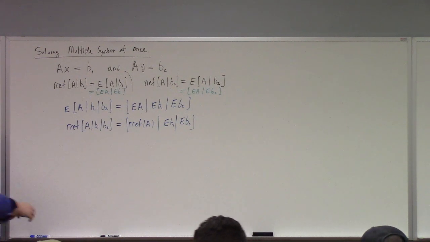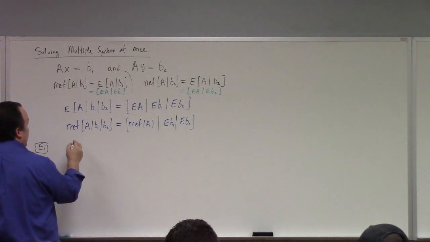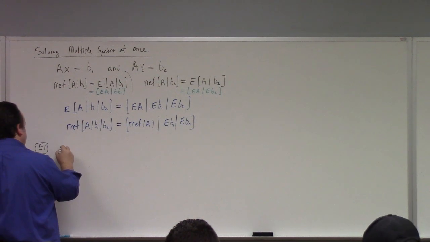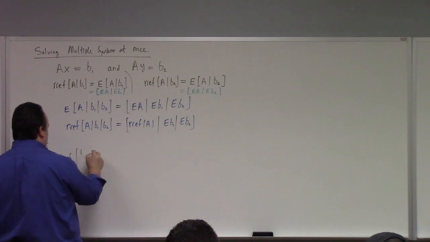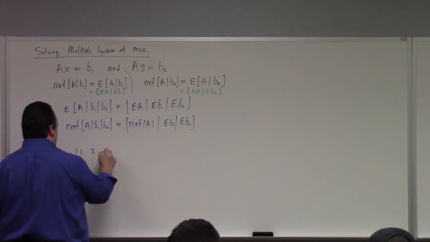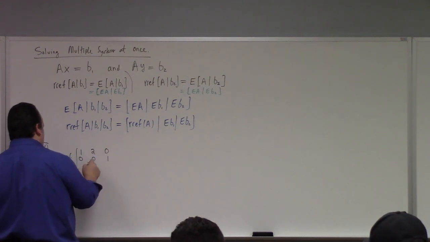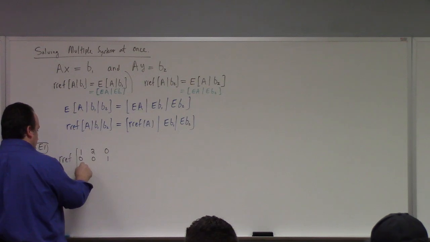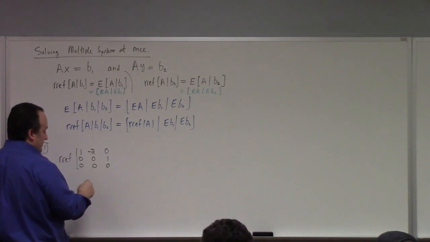For example, if I knew that I had, say, a system whose reduced row echelon form had the form 1, 2, 0, 0, 0, 1, 0, 0, 0. I'll put a minus on this too here for fun.